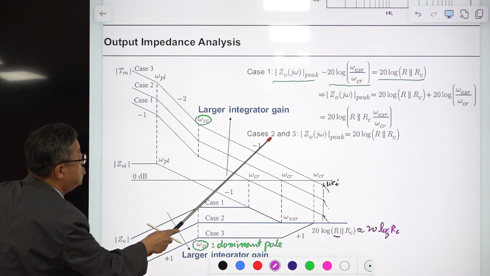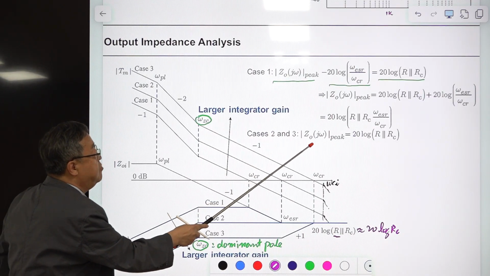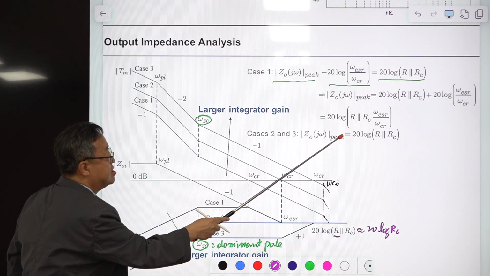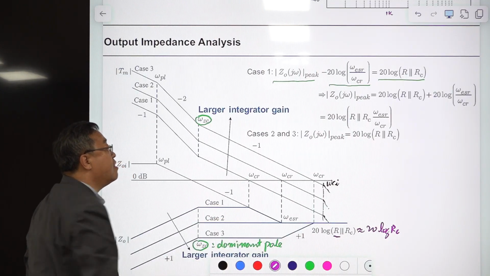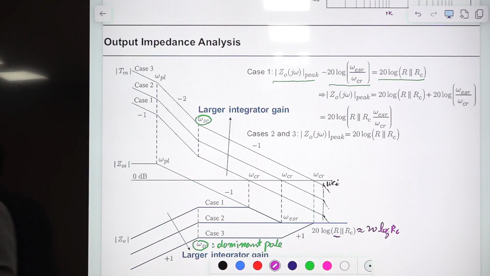For cases 2 and 3, the maximum peak value of output impedance is determined at high frequency, and that is actually the high frequency asymptote, which is practically the same as RC.